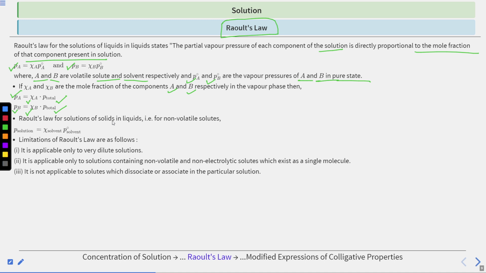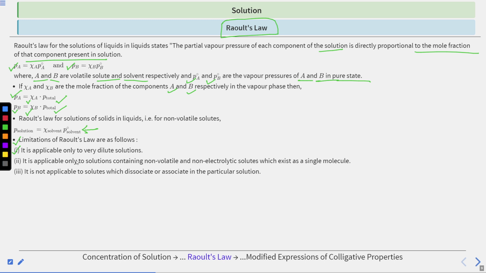Raoult's law for the solutions of solids in liquids, that is for non-volatile solutes, is given by this equation, that is the pressure of solution equals mole fraction of solvent multiplied by P0, or vapor pressure of pure solvent. There are some limitations of Raoult's law.